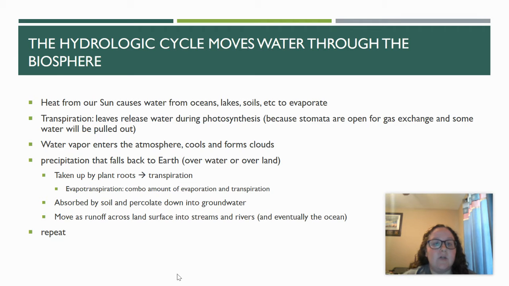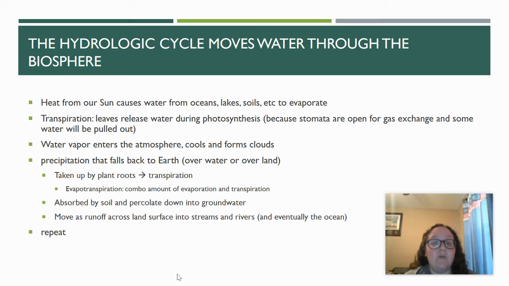Then water vapor enters the atmosphere and cools to form clouds. Eventually, we have precipitation that falls back to Earth, which will either be taken up by plant roots and end up being transpired again. We can also look at evapotranspiration, which is the combination of the amount of evaporation and transpiration together.